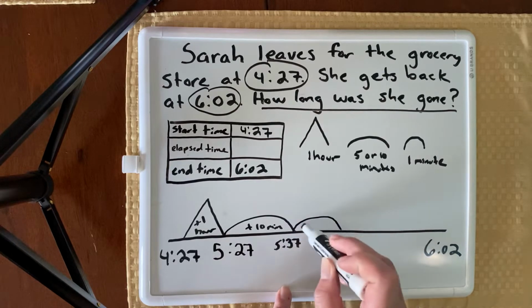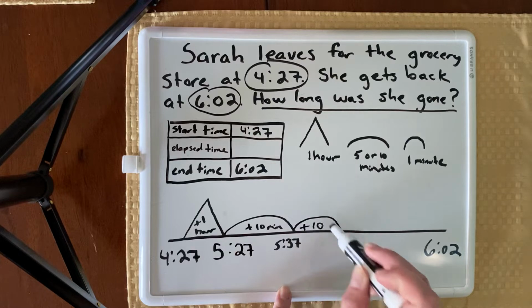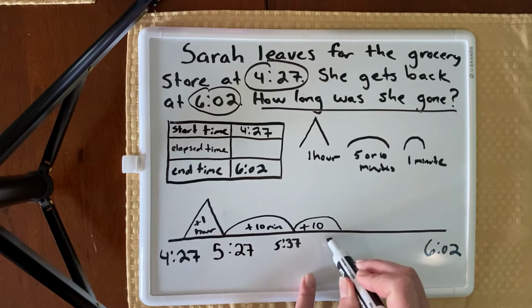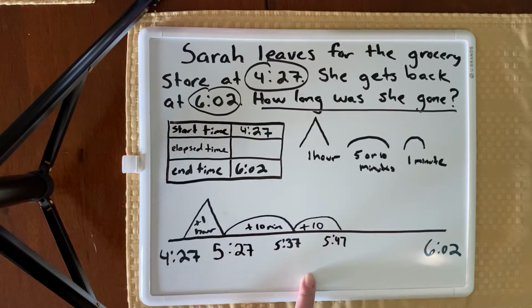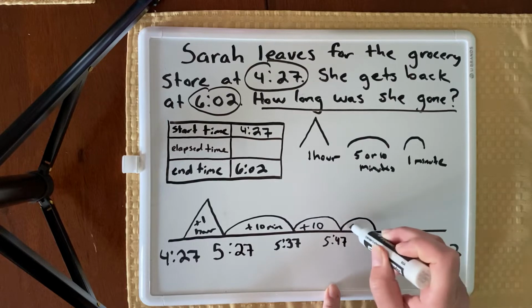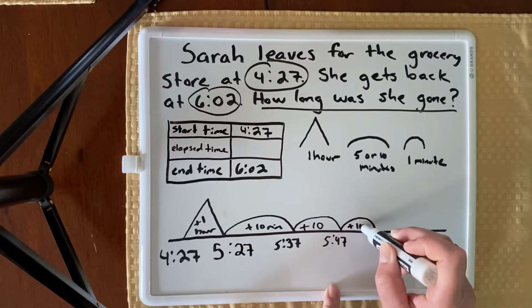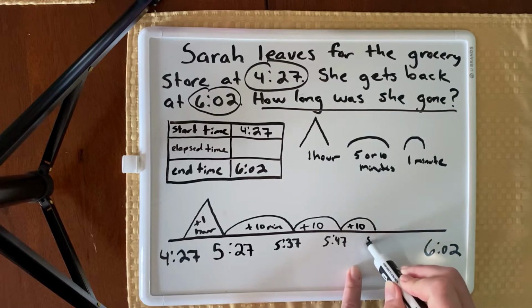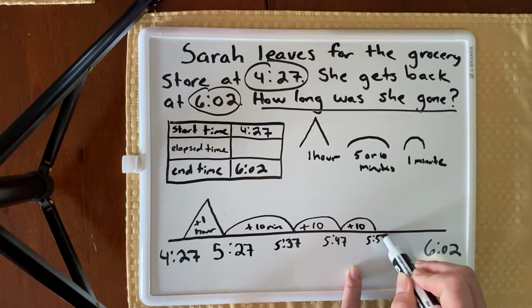I'm going to do another hill of 10 minutes. 5:37 plus 10 is going to be 5:47. 5:47 is still before 6:02, so I'm going to keep going. I'm going to do another 10. 5:47 plus 10 minutes is going to be 5:57.